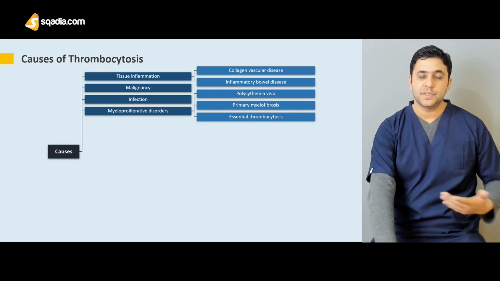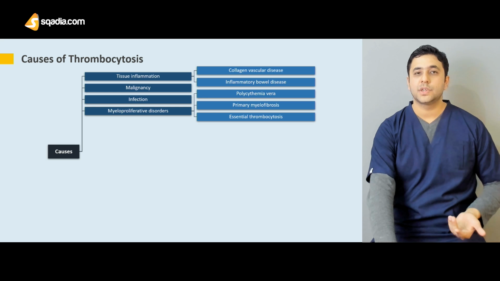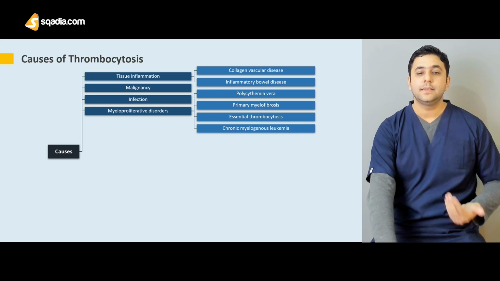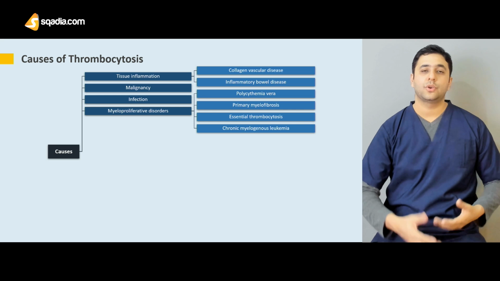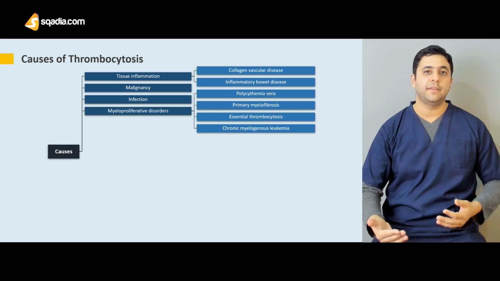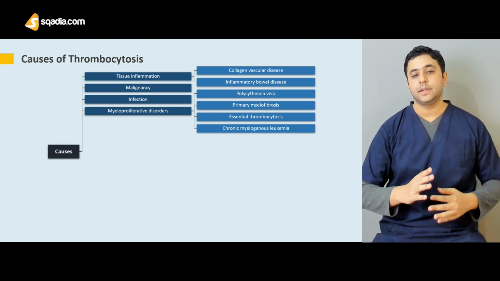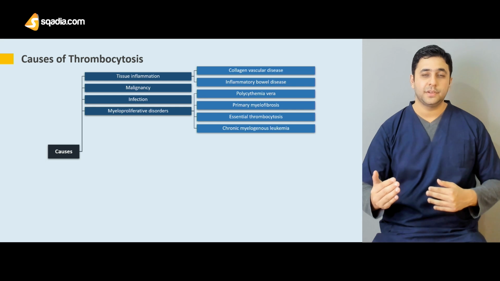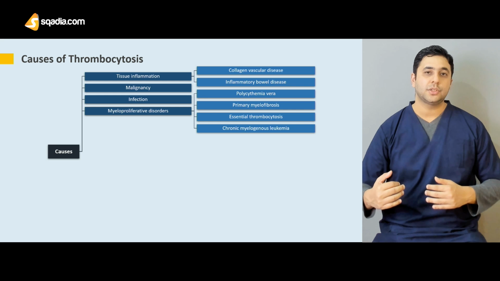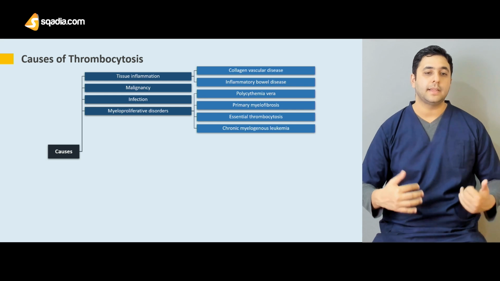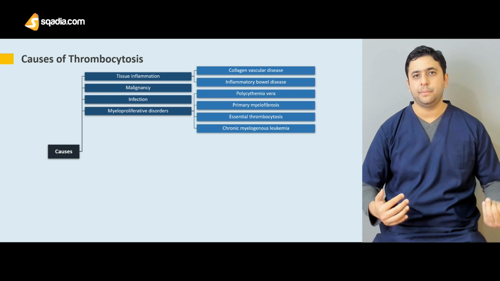Essential thrombocytosis, which is our topic of discussion today, is also one of the myeloproliferative disorders. And similarly, CML, chronic myelogenous leukemia, can also have an increase in the platelet count along with the other features. So the first step is to differentiate essential thrombocytosis from the common disorders like some underlying infection, inflammation, or malignancy.